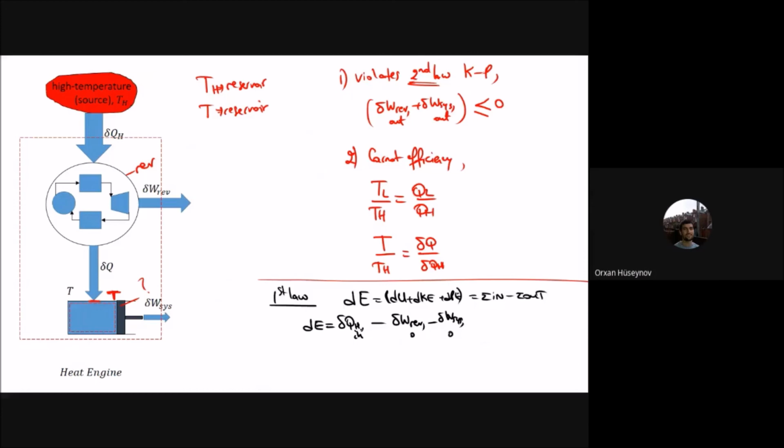Now what I will do is replace this del QH. From here, I know that del QH is equal to del Q multiplied by TH divided by T. So dE will be equal to del Q, and you should remember that this is the out quantity, divided by T and multiplied by TH, minus del work reversible out and del work system out.